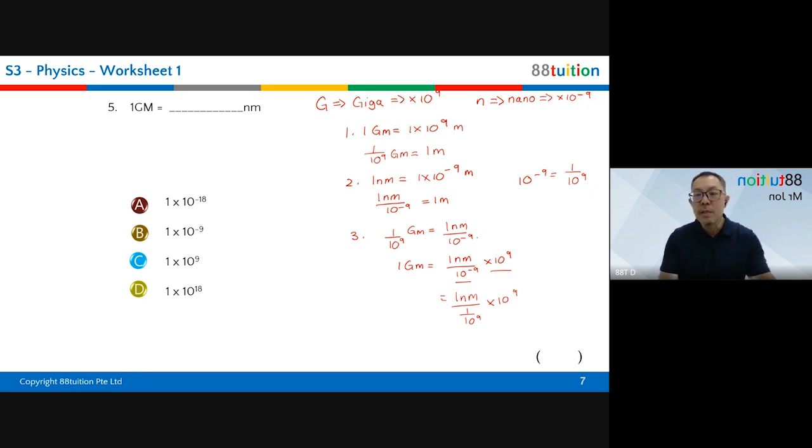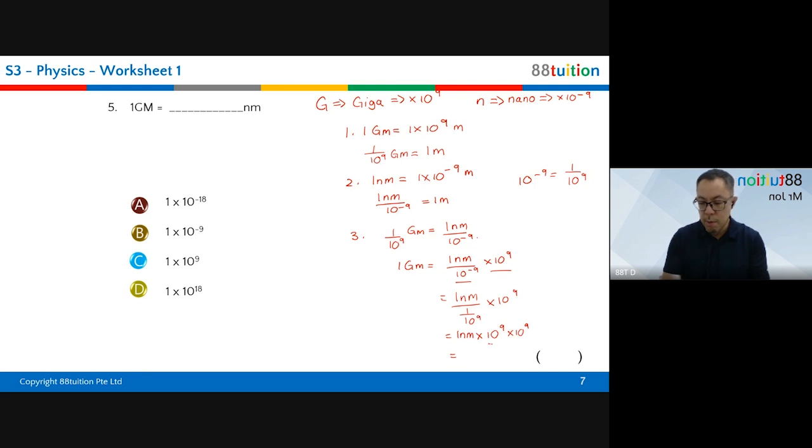So when a number is divided by a fraction, what do I do with that fraction? I have to flip it, right? Up to this point, anybody got a question? No?